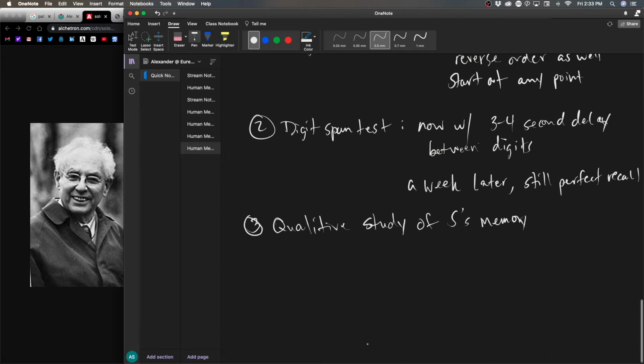And that qualitative study included things like just asking him his techniques. How do you do the thing? Okay. And S replied, well, no mnemonics. Did I spell mnemonic wrong? Yes, I did.